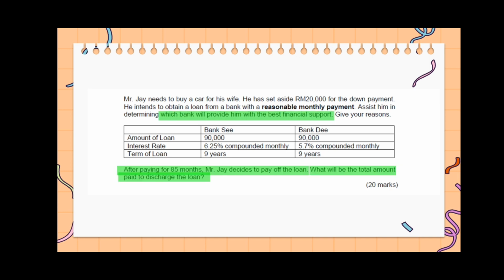The first step, we need to find the keywords of this question. The first keyword is which bank will provide him with the best financial support. The second keyword is after paying for 85 months, Mr. J decides to pay off the loan. What will be the total amount paid to discharge the loan?